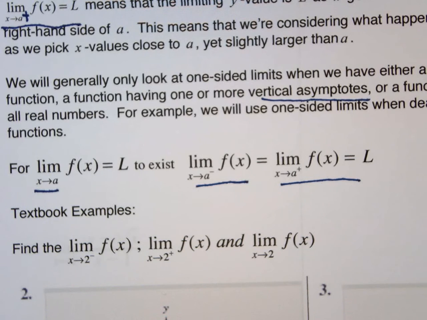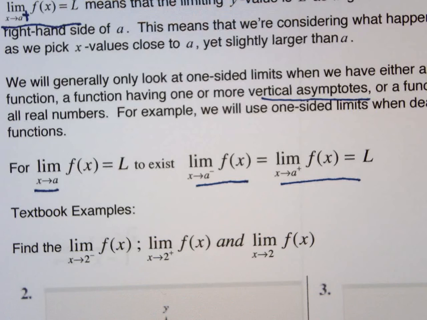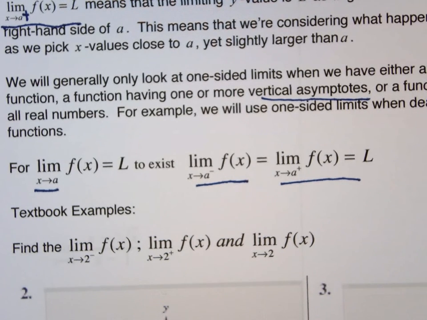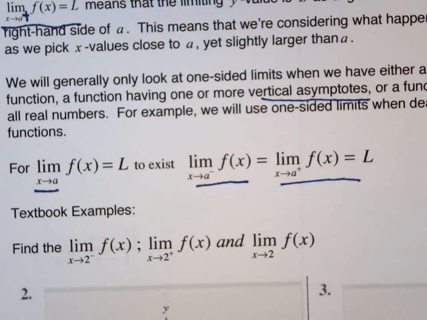That's your jump discontinuity, where Harriet ends up being up here and Howard ends up being down there. So in order for the limit to exist, they have to meet. The limit from the left can exist, the limit from the right can exist, but for the limit to exist at that point, Howard and Harriet have to meet.